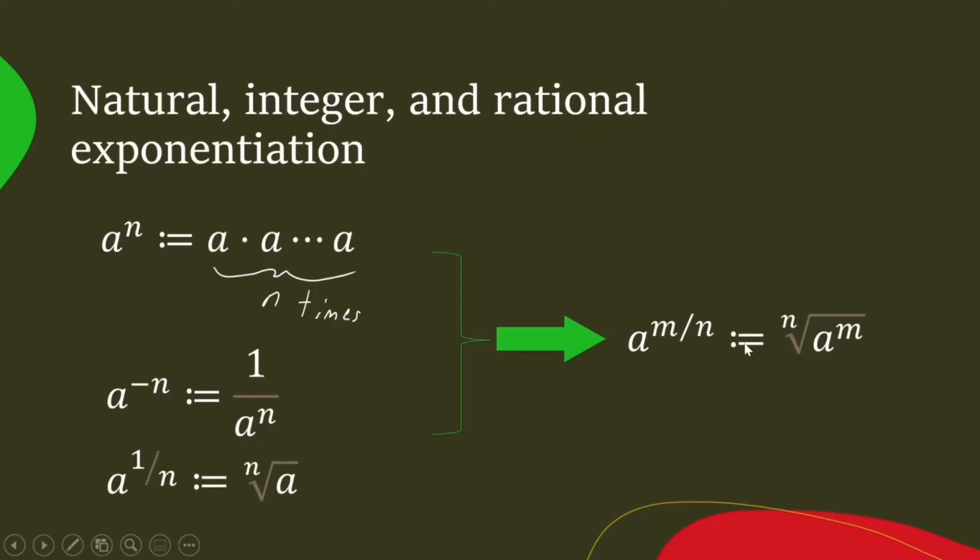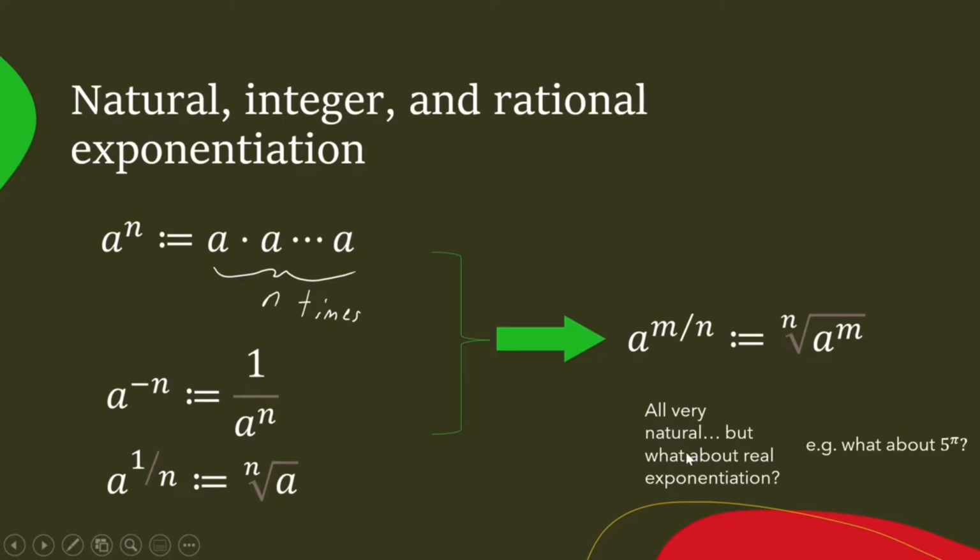A to the power m over n is defined to be the nth root of a to the power m. And so we know what a to the power m is. That would be given in one of these first two parts, depending on the sign of m. And n, you can assume that it's positive simply because any minus sign can get absorbed into the numerator if need be. So this was all very easy to do.